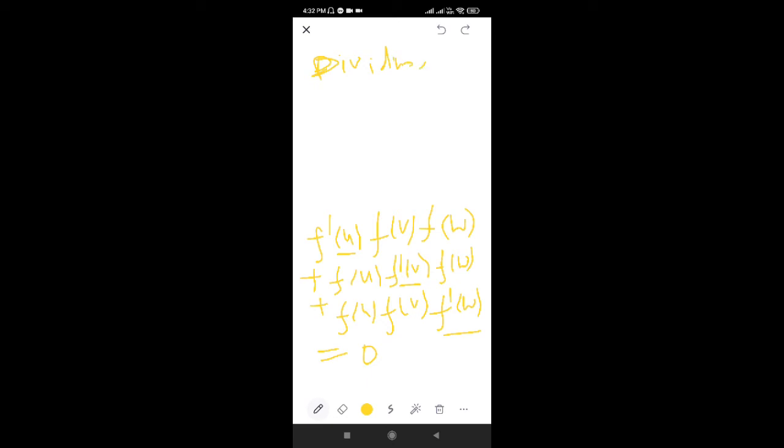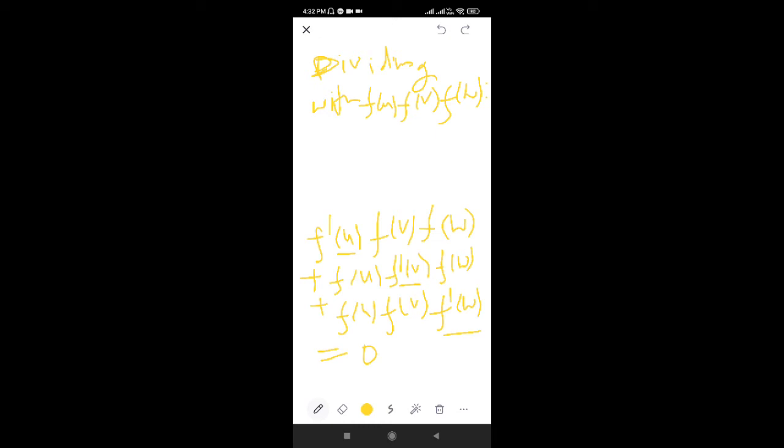We are dividing this last equation with fu, fv, fw.